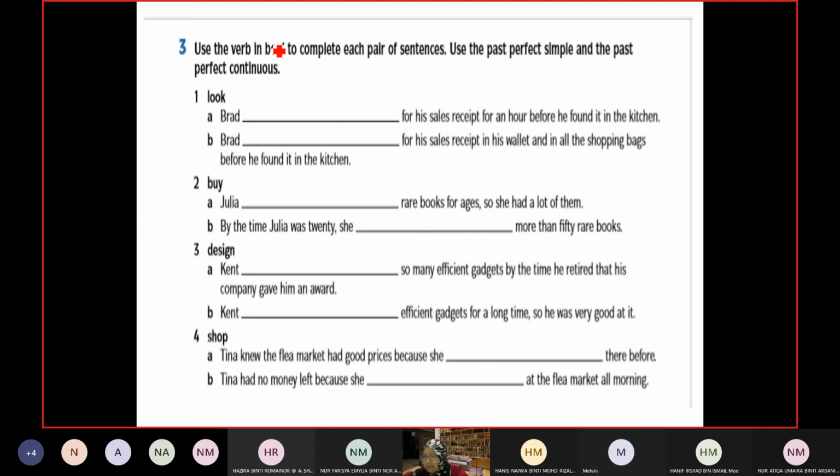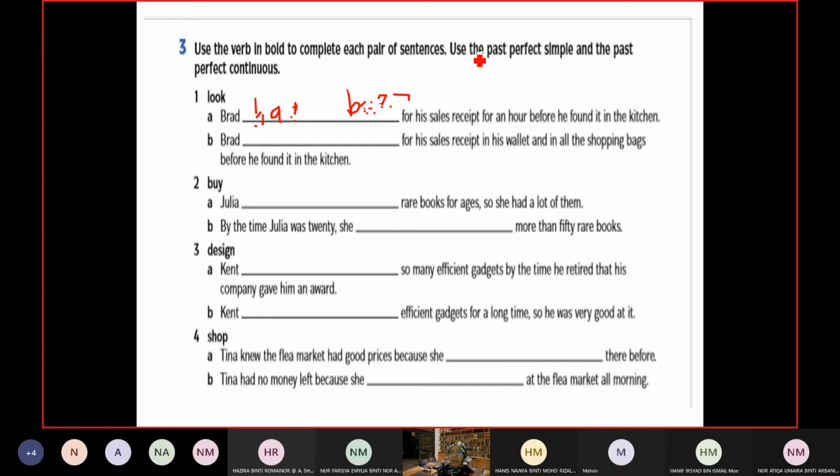All right, number one is, let me type the lama. What happened here? All right, the first one is had been looking. All right, number one, 1A, Brad had been looking for his sale receipt for an hour.